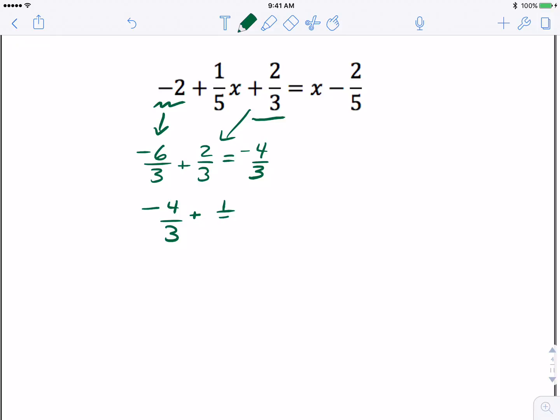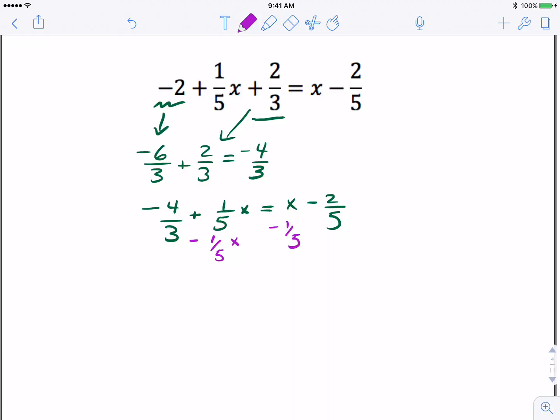I still have the 1/5 x, so we see there's going to be some more fractions involved here, equals x minus 2/5. Okay, so now we get to this stage where we have everything done and we want to get into grouping or organizing. I'm going to move my 1/5 x over to the right.